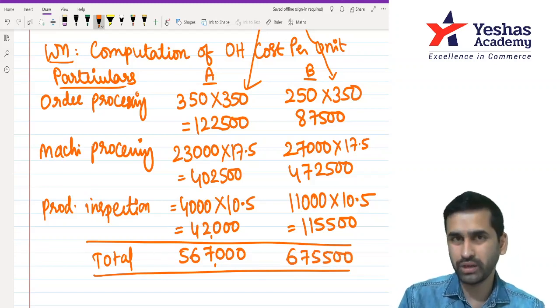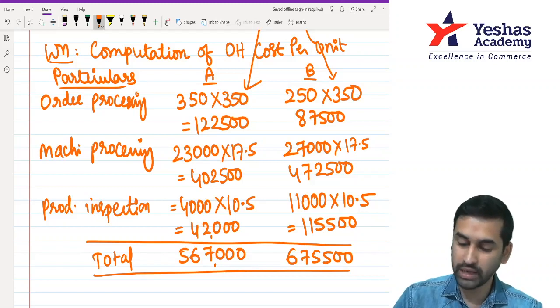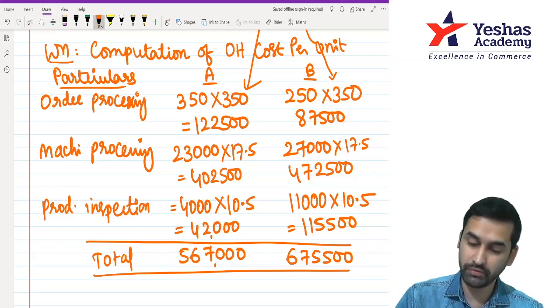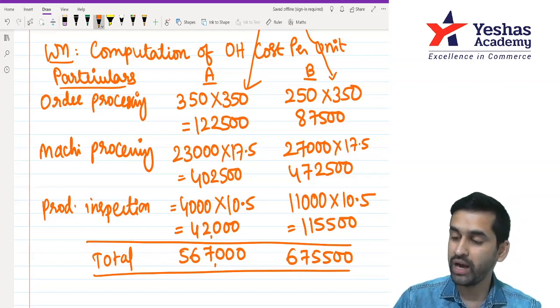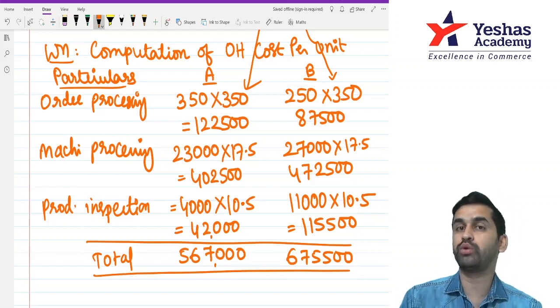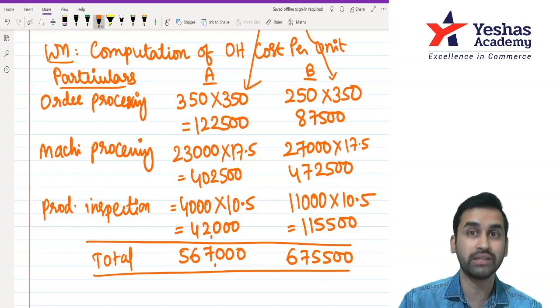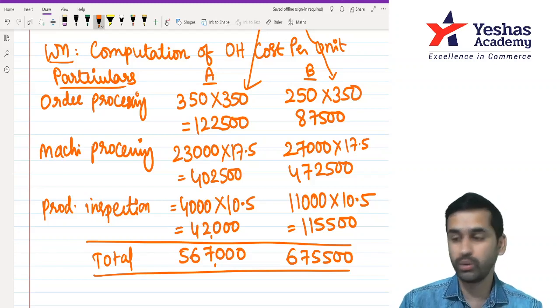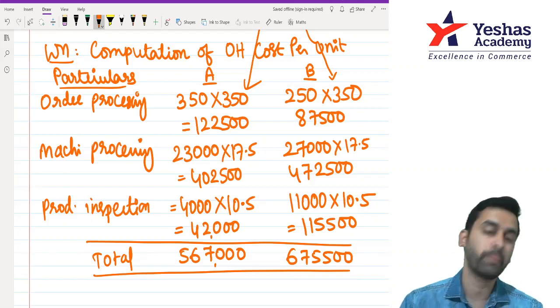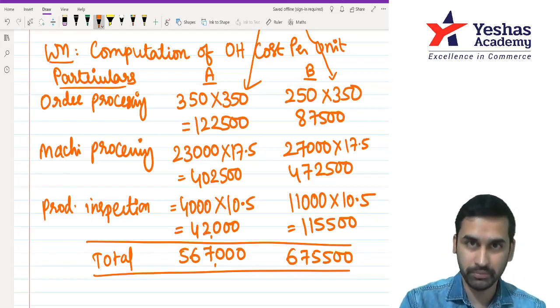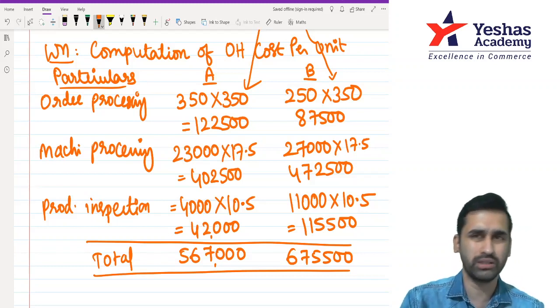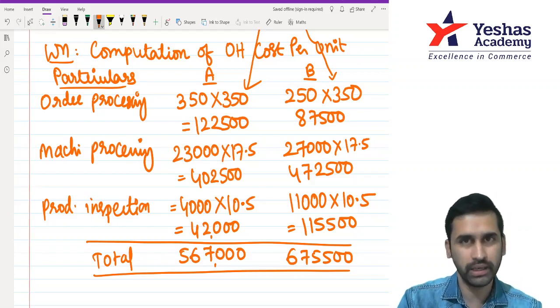Let me pause and check the total. Adding 675,500 and 567,000, you should get 1,242,500, which was already there. We took that in the first working note, the LHR calculation numerator, total overhead 1,242,500. Just to confirm my working is correct, I can do this in the exam also.